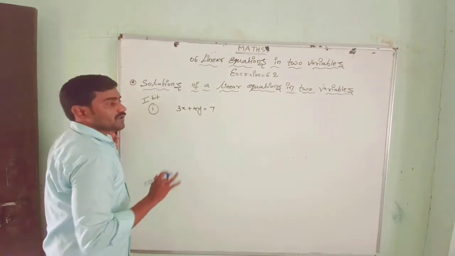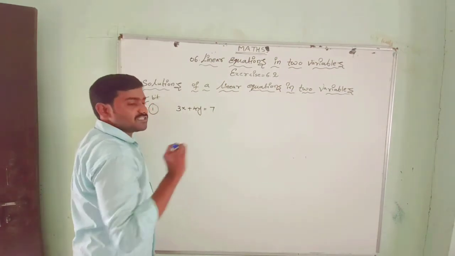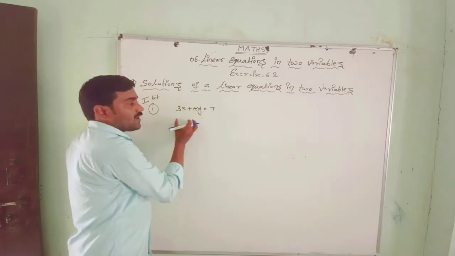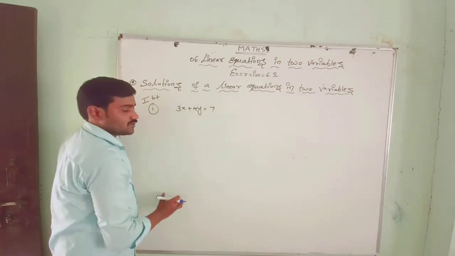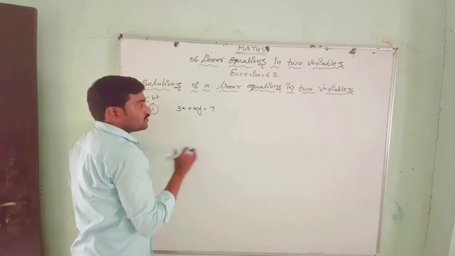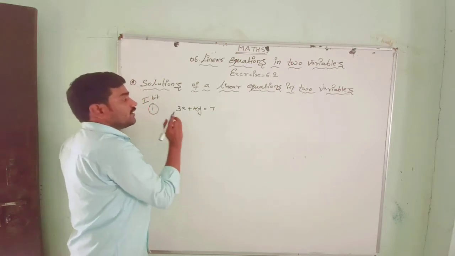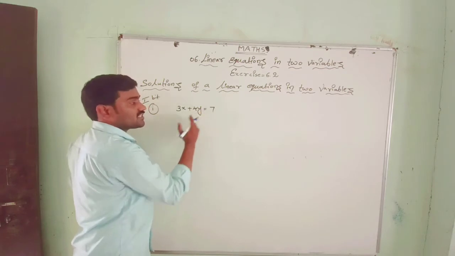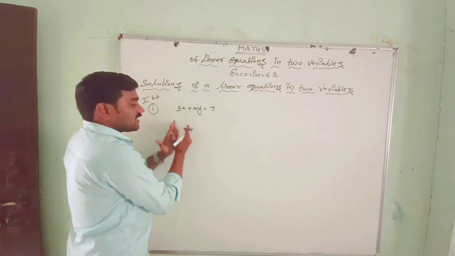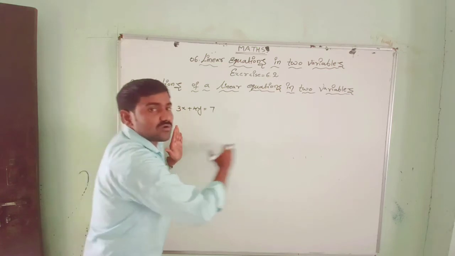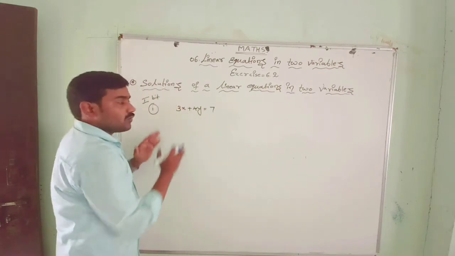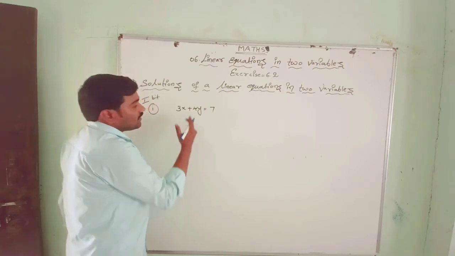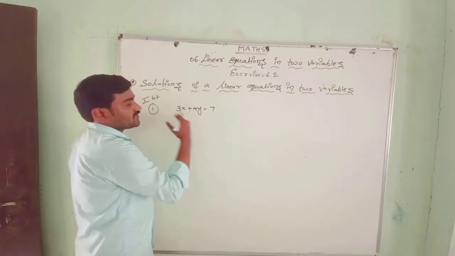If you want to find a solution, children, please remember one thing: we have to assume some x values so that we will get some y values. First we write this equation as y equal to. That means on the LHS keep only y and send all the remaining terms to the RHS.